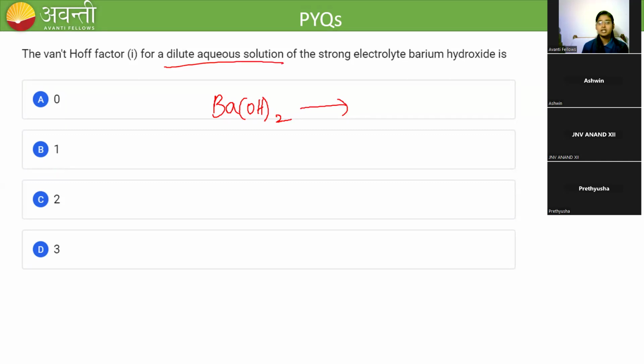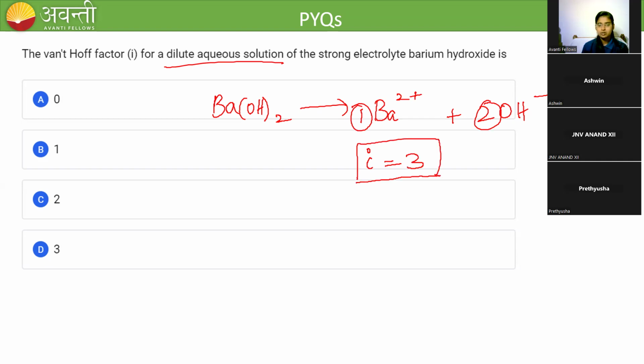If we treat this in a dilute aqueous solution, it will be converted to Ba2+ and 2OH-. It is Ba2+ and 2OH-. So we have one cation and two anions. So the total number of ions produced, i, is equal to 3. i is equal to 3. So the correct answer is option D.